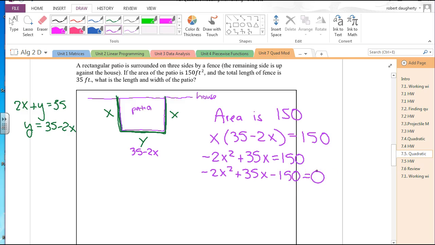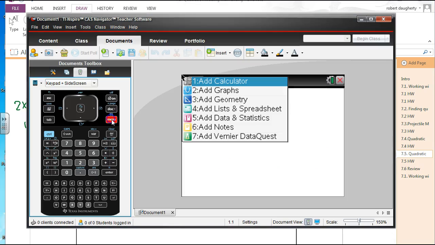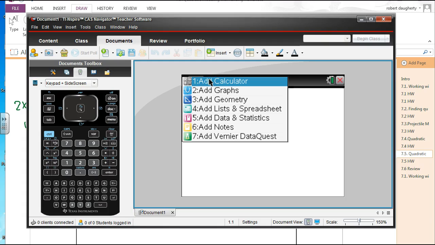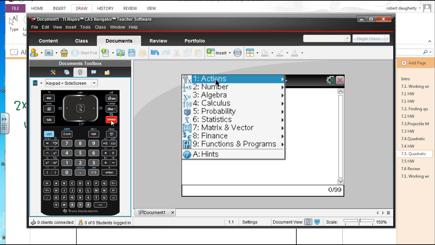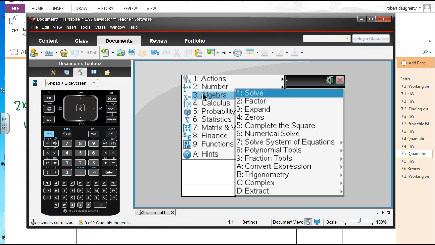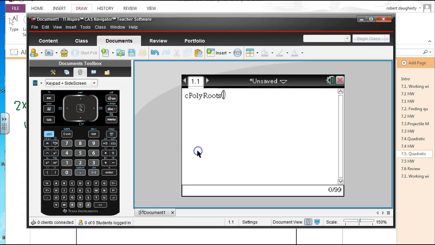If I get it that far, how do you think I'm going to solve for x? This is where you should be reaching in your pocket for your TI Inspire. So menu, algebra, polynomial, complex roots. So it was what?